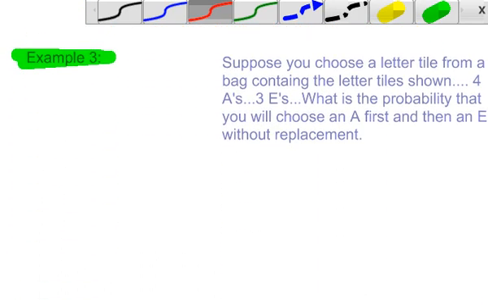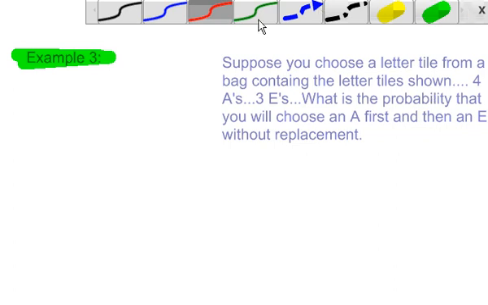Suppose you choose a letter tile from a bag containing the letter tiles shown, 4 A's and 3 E's. And let's say there are 15 tiles total. Okay, 4 of them are A's, 3 of them are E's, and there are 15 total.